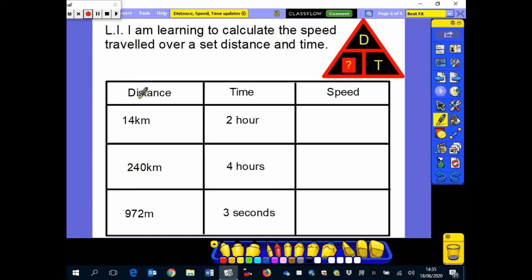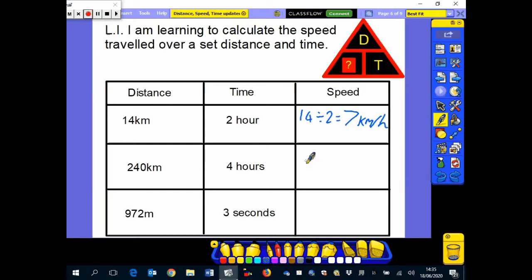Okay guys, so distance is here. We've got 14 kilometers and we're doing it in 2 hours. So that is going to be 14 divided by 2. And so we're going 7 kilometers per hour. Next, 240 kilometers in 4 hours.